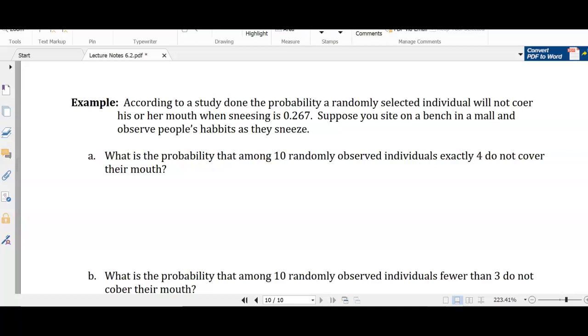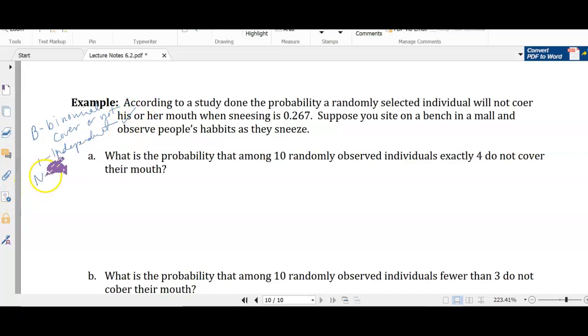Okay, so first let's go through and make sure this is a binomial probability. So, is this binomial? Are there 2 outcomes? What are these 2 outcomes? That they cover or not cover their mouth. Are they independent? If one person covers their mouth, then that's not going to affect the next person covering their mouth or not.